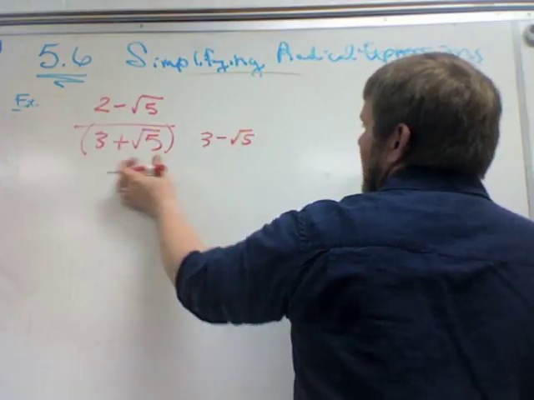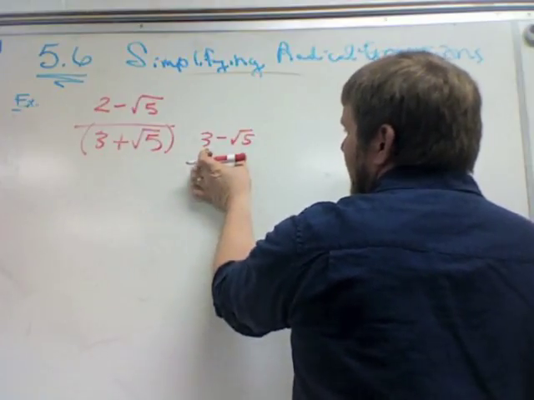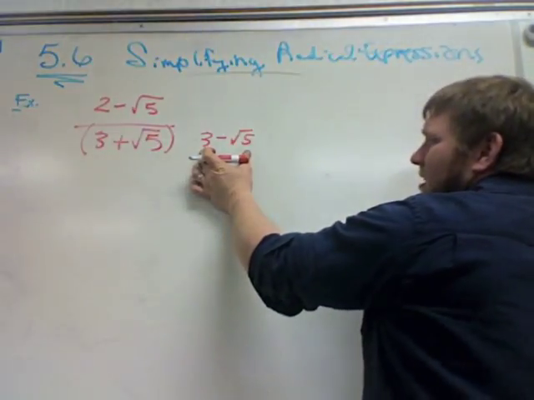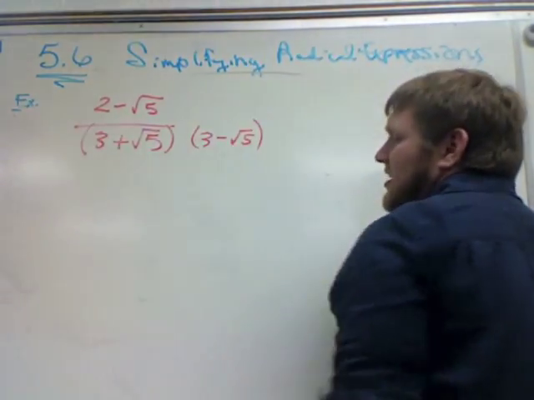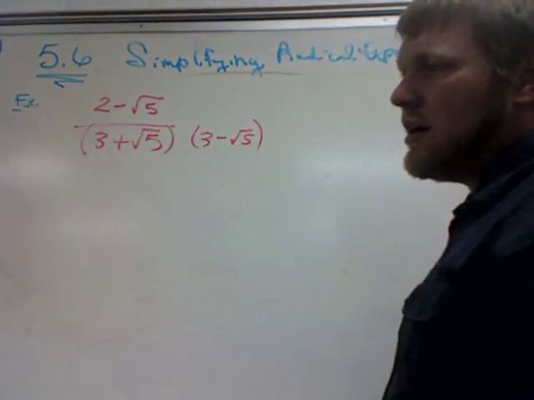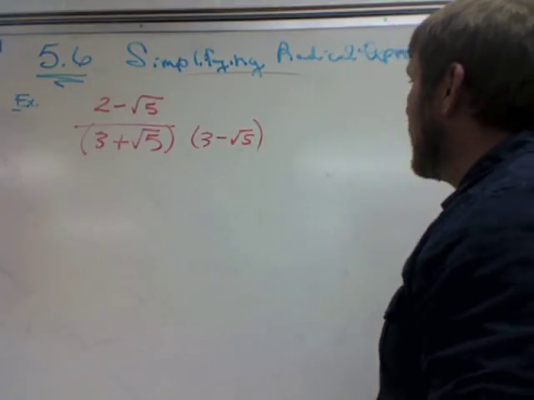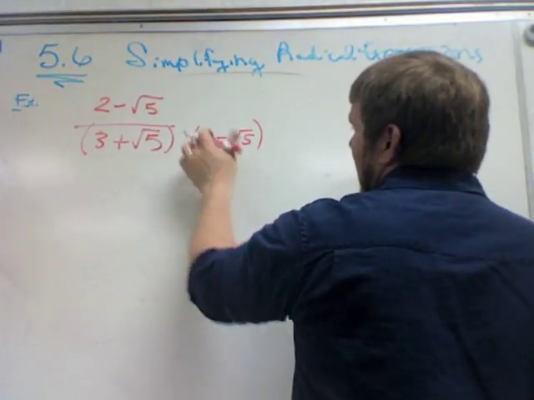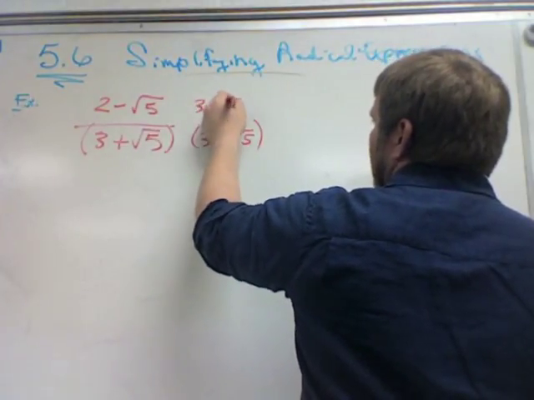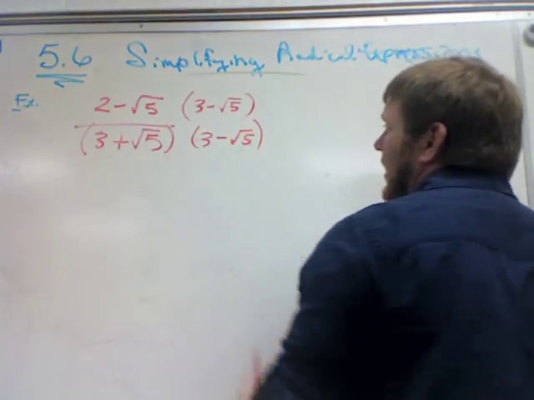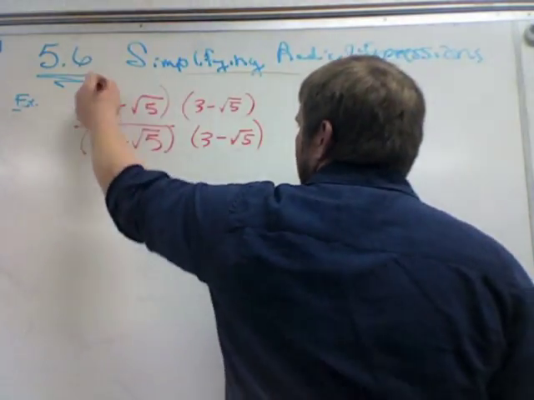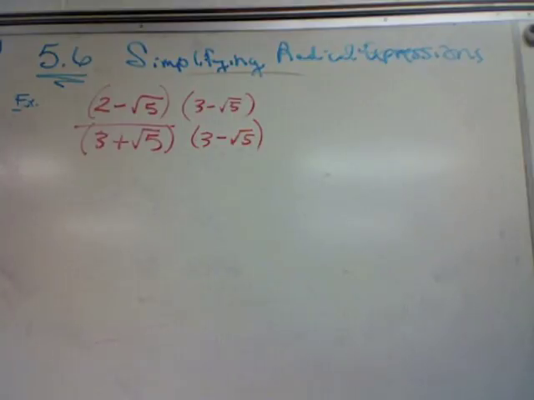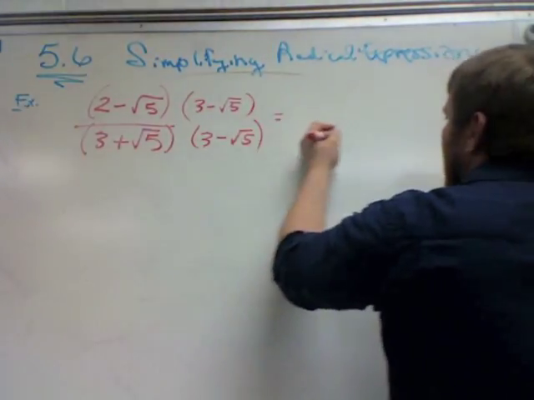So it's kind of like a sum and a difference. If this is the difference, you want to multiply it by its sum. That's called a conjugate in terms of radical expressions. So if I take the bottom times this, I also need to take the top times the same thing. Notice that we're doing a little bit of foiling, like we did in the last problem, which is no problem.